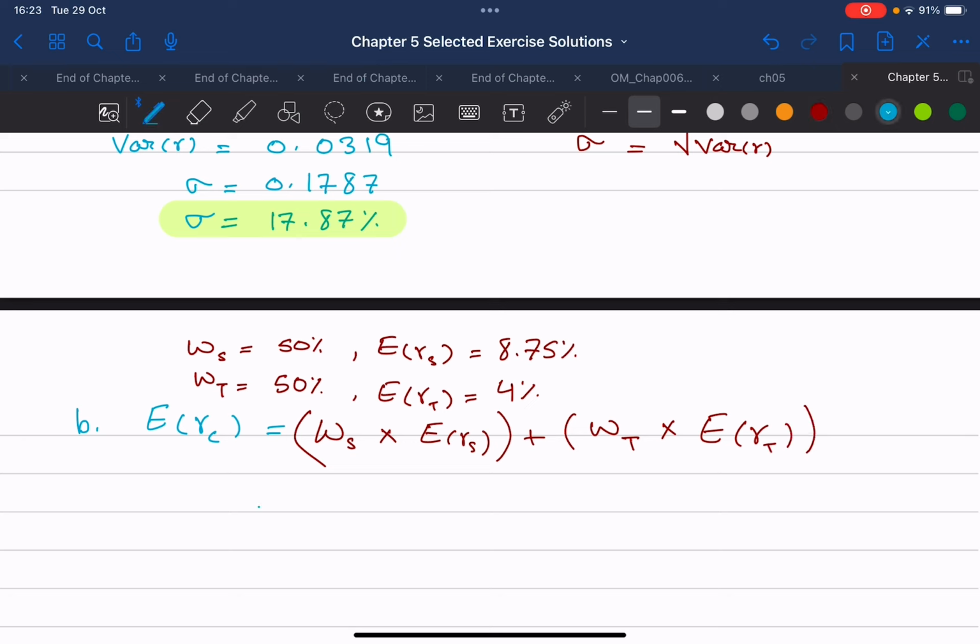And with that we get 0.50 multiplied by 0.0875 plus 0.50 multiplied by 0.04.